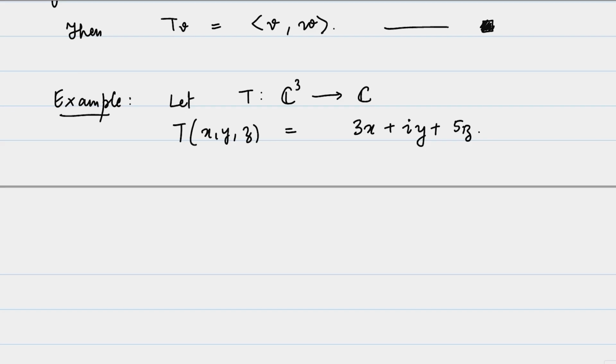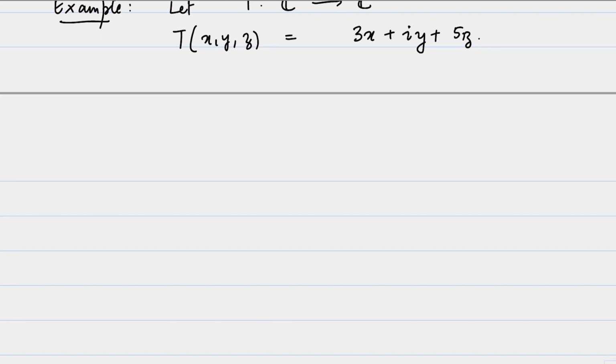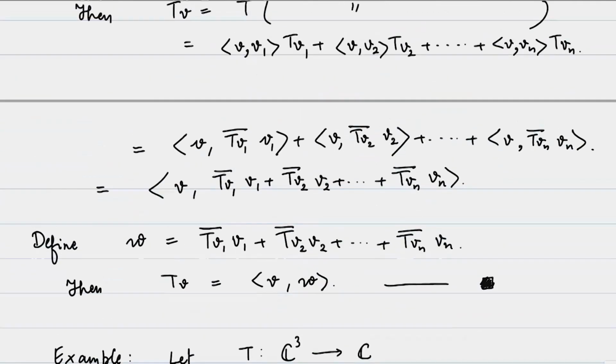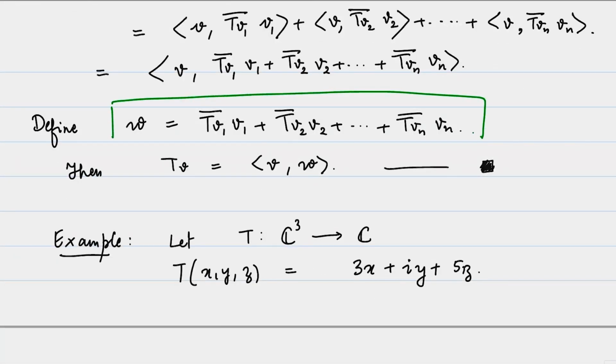We can actually guess directly from here what the W would be in the case of this linear functional T, but nevertheless let's do the calculation and see exactly whether we get what we are guessing. So what was the procedure to do that? Let's go back up and check the W, which I'm going to now put in a green box. This is exactly the element that we are going to define.